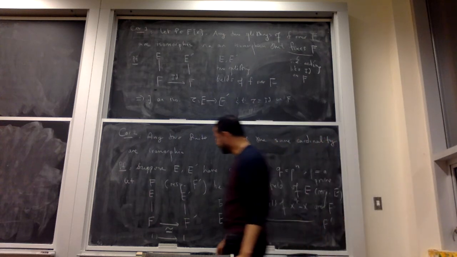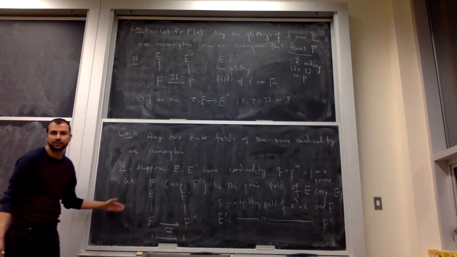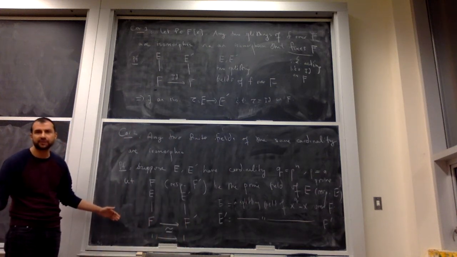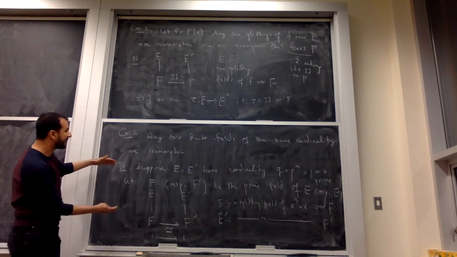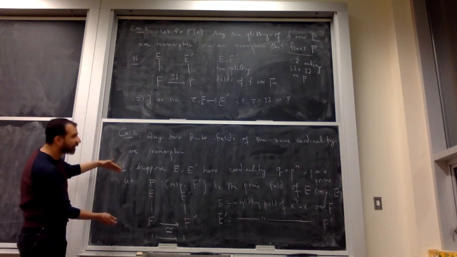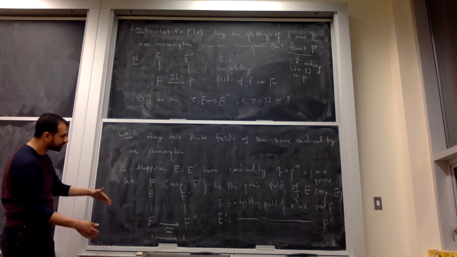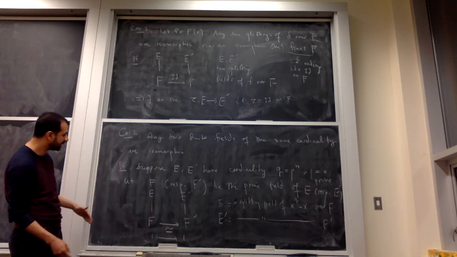Actually, the way I gave this proof, this will be a corollary of our original statement, not the previous corollary. But now we just apply the result that we had, the first result, the result from last video.